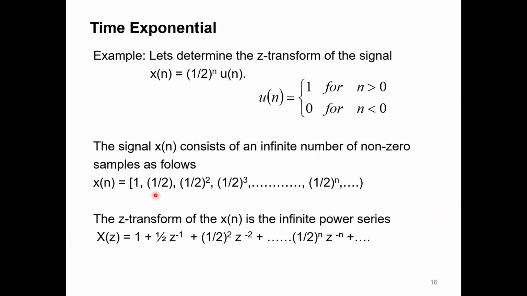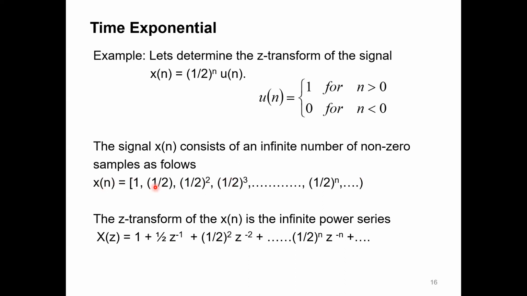So therefore, this signal here, half, is delayed from this one by one step. So you can say that this value is half. This is only the value. There's no time information here.